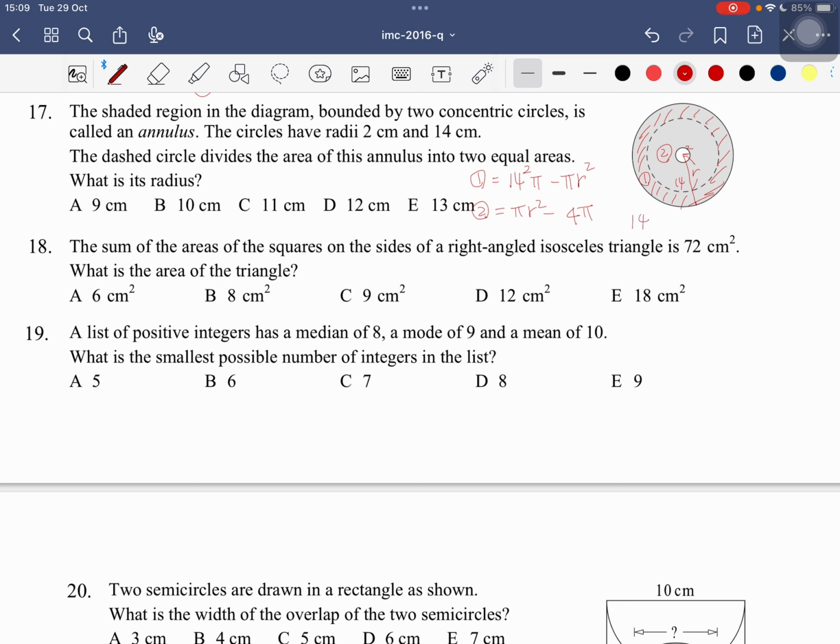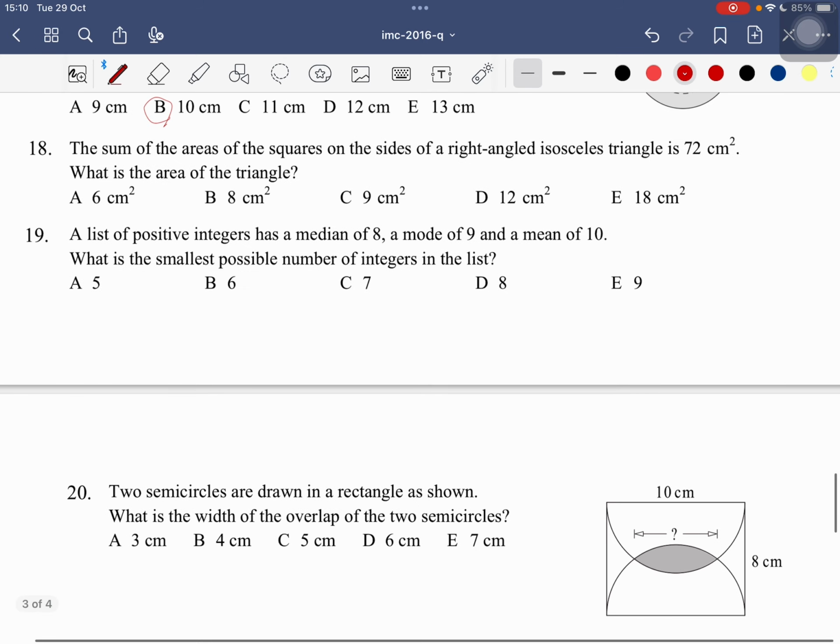So 14 squared pi minus pi r squared becomes pi r squared minus 4 pi. So 14 squared is 196 pi plus 4 pi becomes 2 pi r squared. Let's cancel out the pi's. And this is 200 over 2 becomes r squared. So r, the radius, is 10.